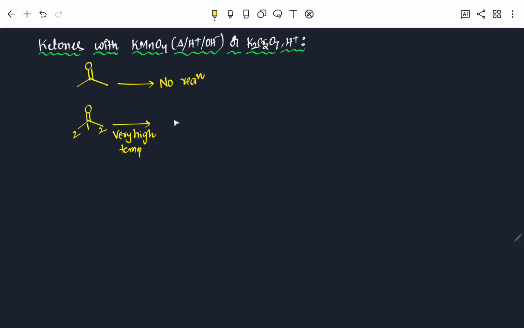You can break any one of these bonds. The left group is converted to carboxylic acid and the right group is also converted to carboxylic acid. Since it is a formic acid, and formic acid always undergoes oxidation, it converts into CO2.